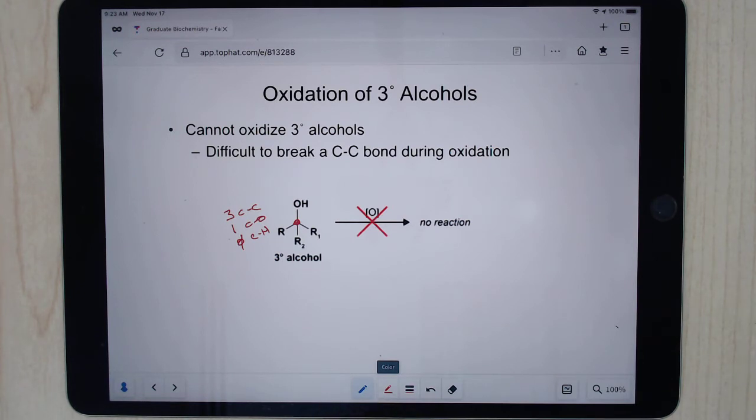And so this is going to be important down the road when you're learning about things like the citric acid cycle. One of the steps is actually to move an oxygen over 1 CO in order to continue to oxidize it, because you have to move it from a tertiary alcohol to a secondary.